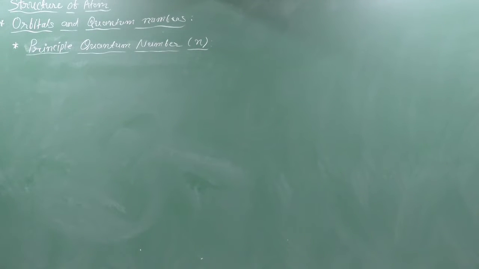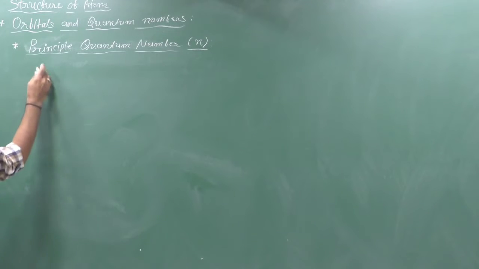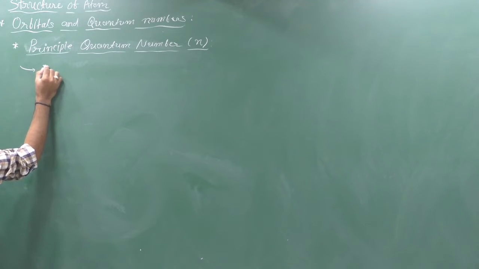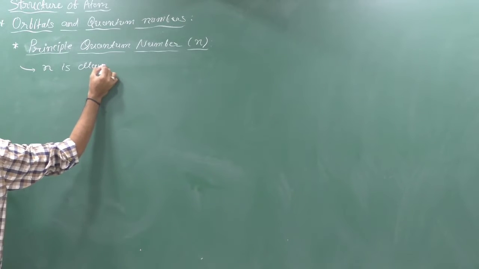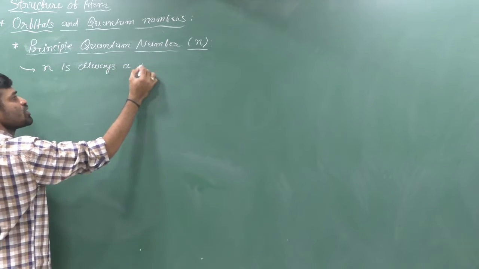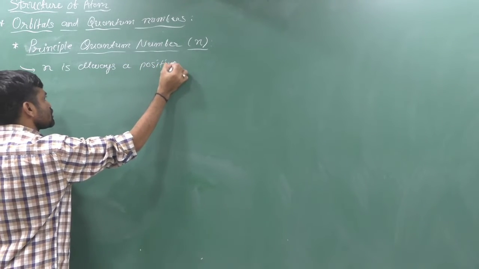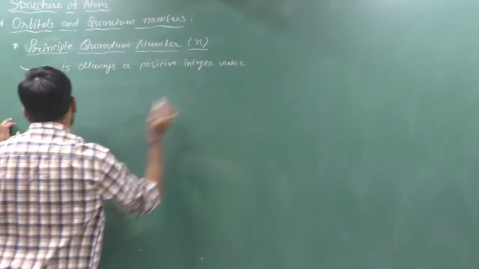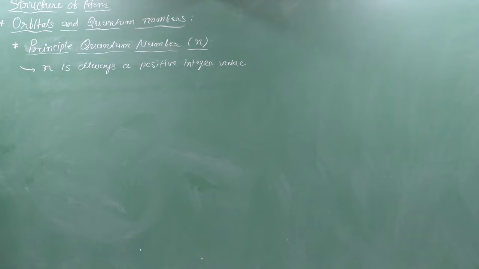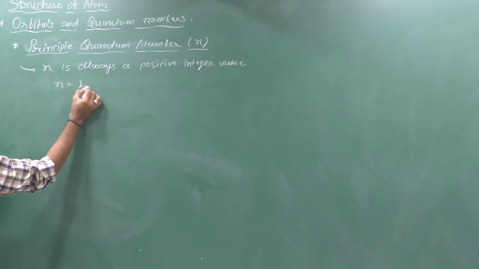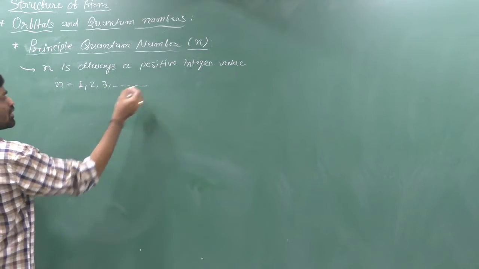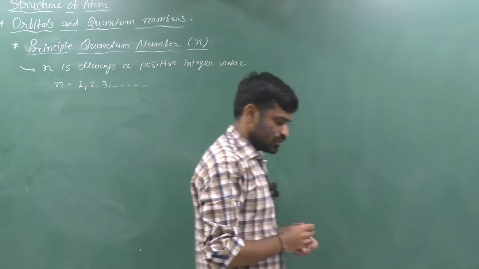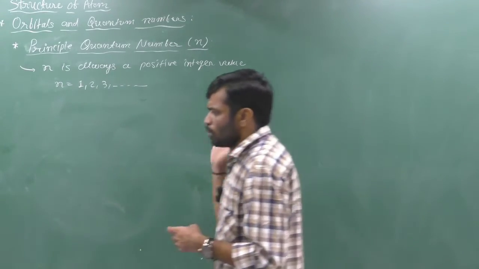Principal quantum number is always a positive integer value. Clear? It is 1, 2, 3 up to n, not 0.